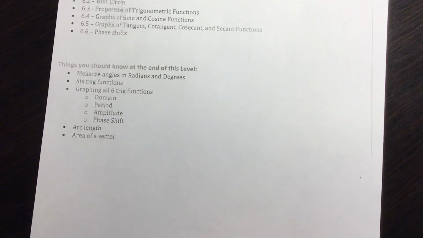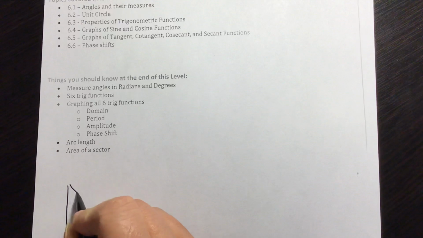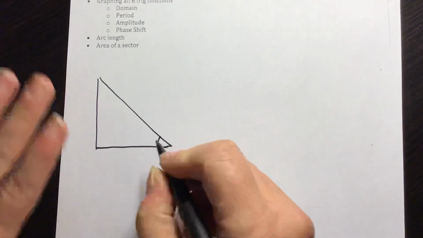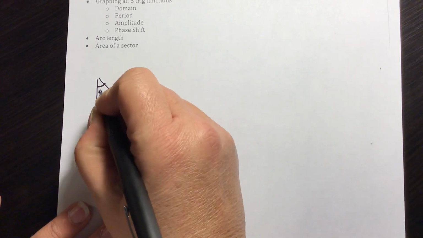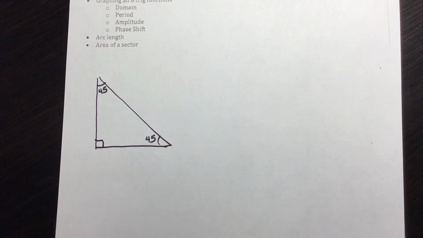But first, the 45-45-90 degree triangle. What that means is we have two angles that are both 45 degrees and one angle that is 90.